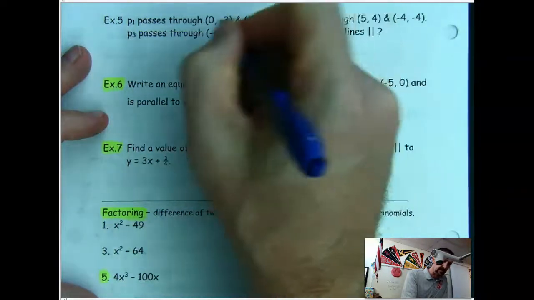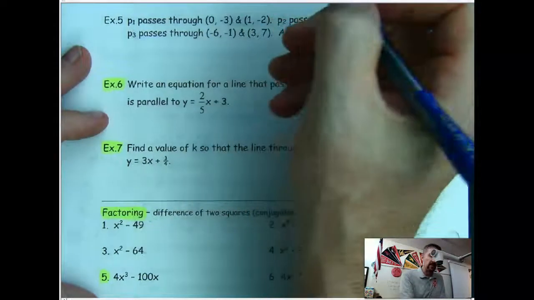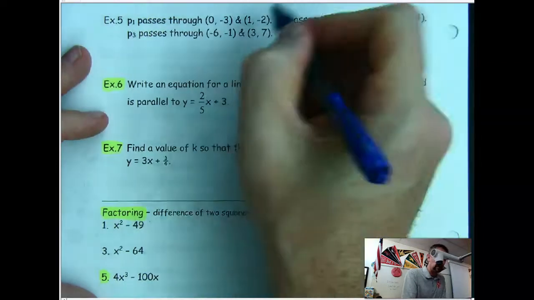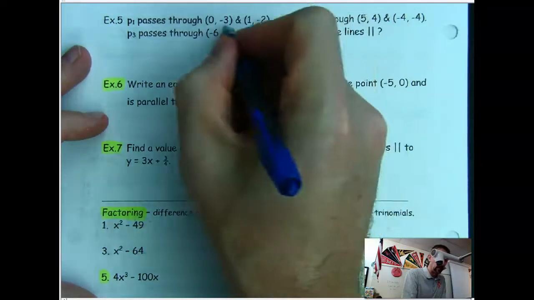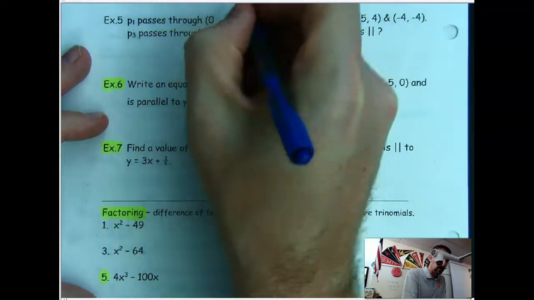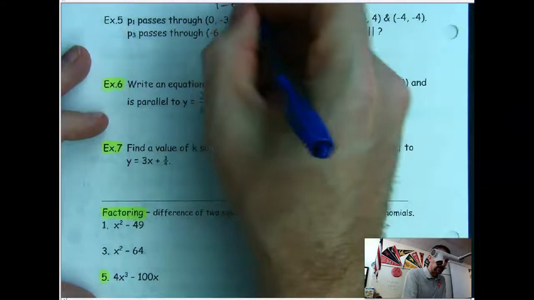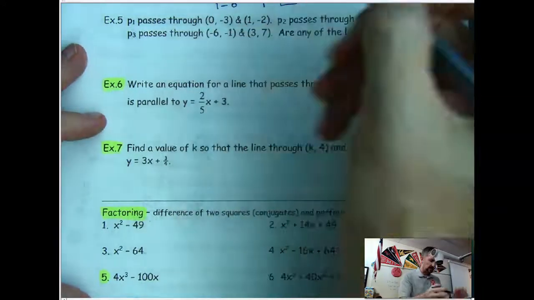Although sometimes it might be better to do y1 minus y2. But I'll just follow the pattern that most people follow. So y2 minus y1 over x2 minus x1. So that's going to be 1 over 1. So that has a slope of 1.